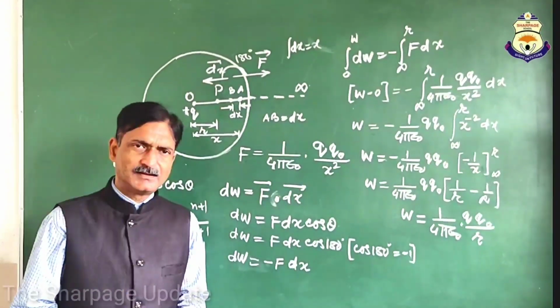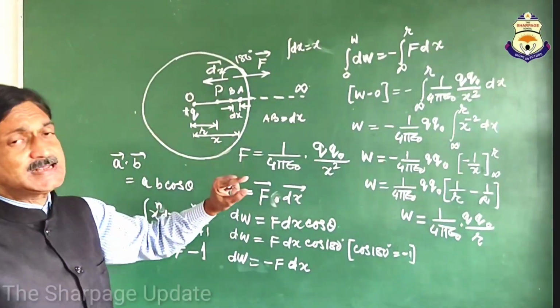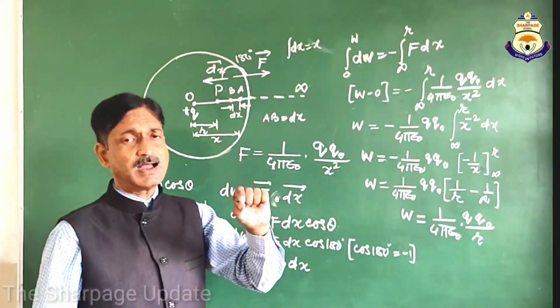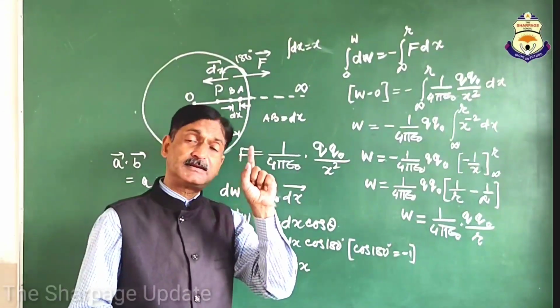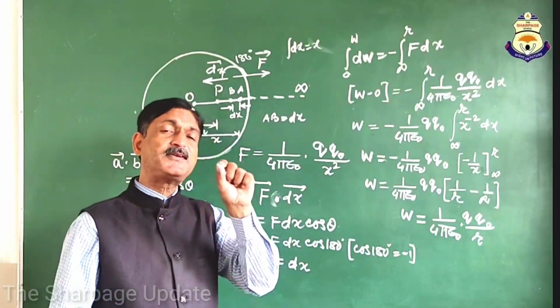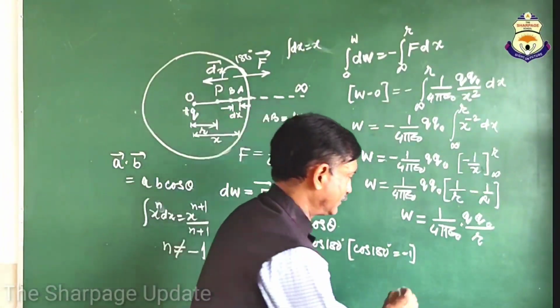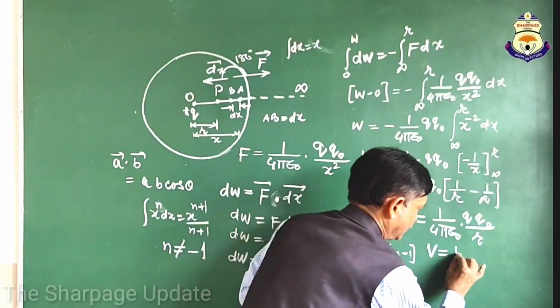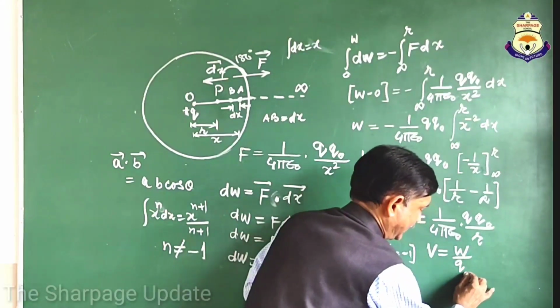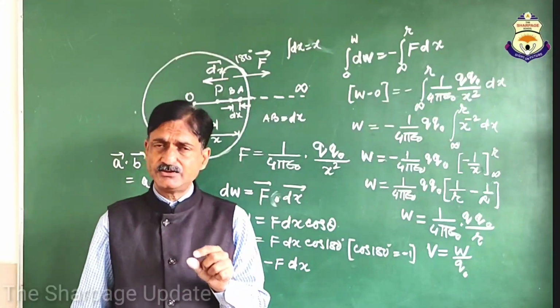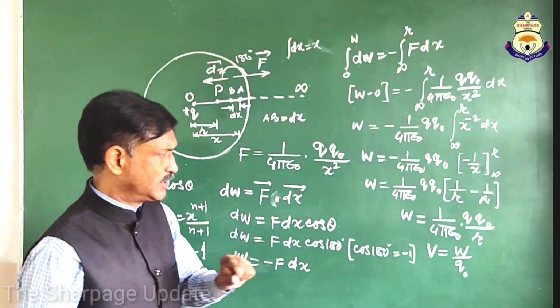And as we know that the electric potential is equal to the amount of work done in bringing a unit positive test charge, means q0, from infinity to a point inside an electric field. So we can write here electric potential V equal to W upon q0. Here q0 represents the unit positive test charge.